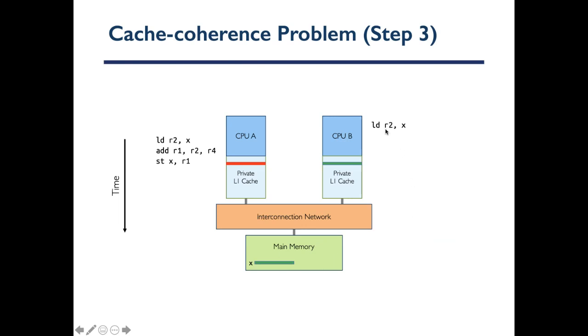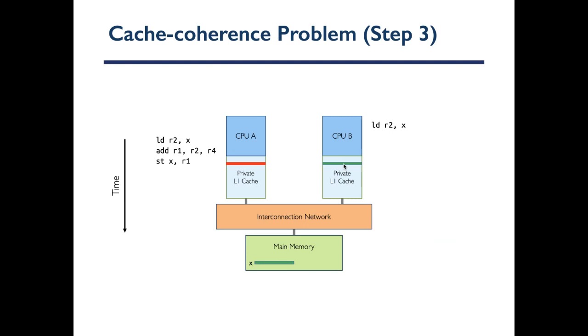If CPU B does anything with this R2, the CPU is going to look into its cache and see that, oh, I have a version of this here. It's not going to see the version that just was changed on CPU A. So this change is not reflected in this CPU, and that could cause problems in terms of synchronization.